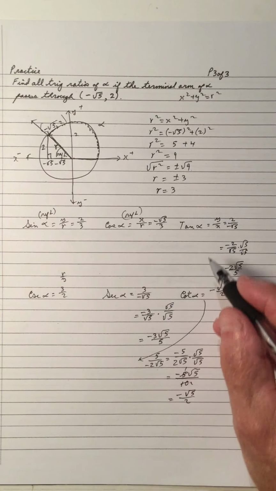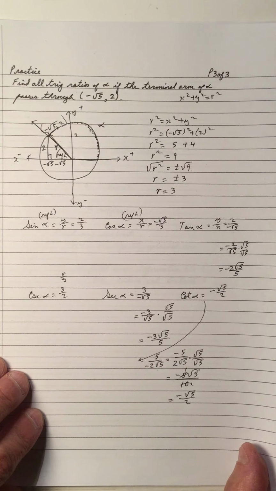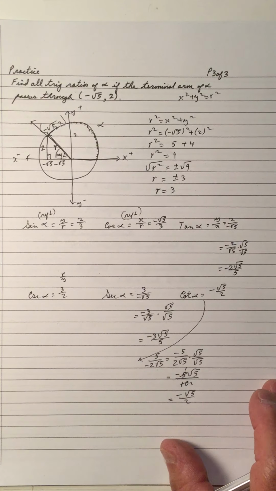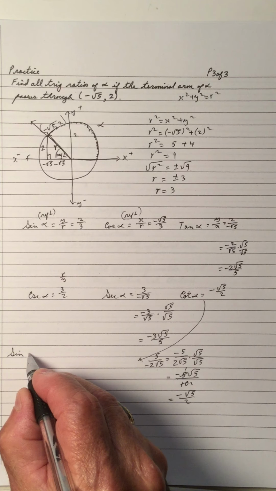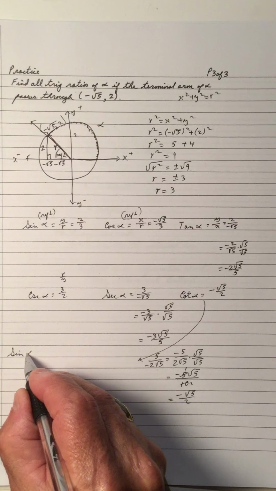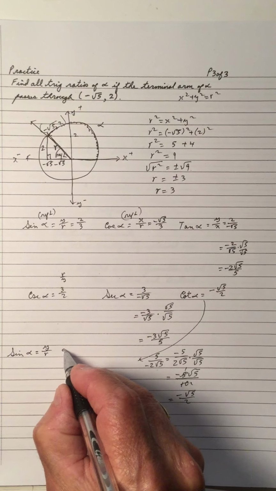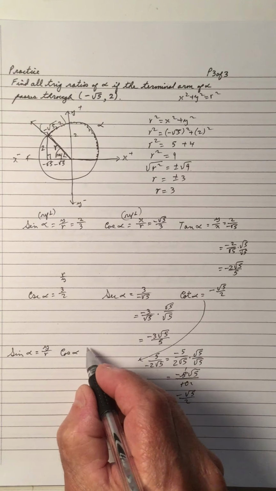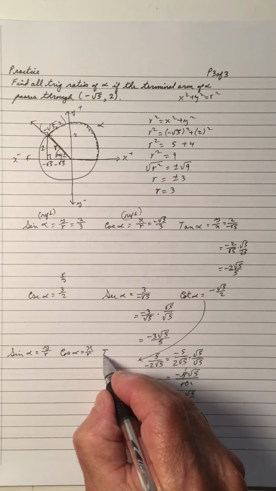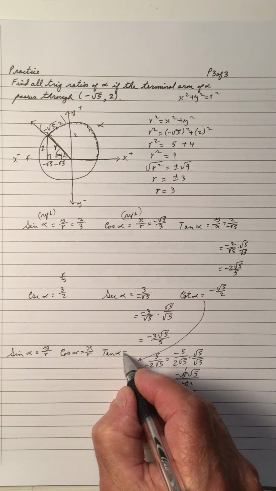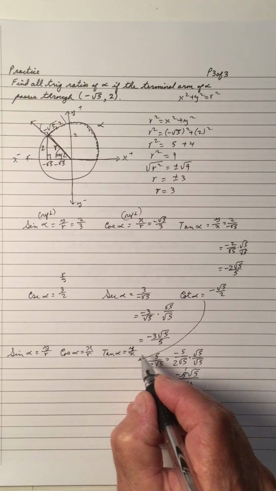And that's finding all the ratios. And hopefully, again, you have it memorized. And just to repeat, no matter what the angle, alpha, sine is the y over the r, cos of alpha is the x over the r, and tan of alpha is the y over the x.